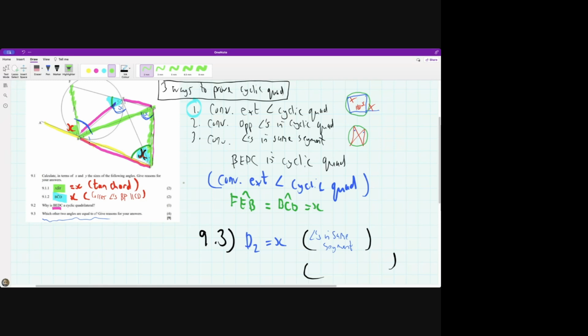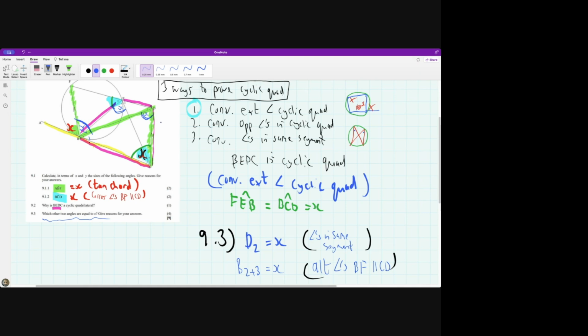Give me a thumbs up if you're seeing my green Z. Okay, now what we can say is B2 plus 3 is X. That's just going to be alternate angles, because BF is parallel to CD. It looks a bit weird, but basically this over here has to be X as well. Yeah, that was quite a mouthful.